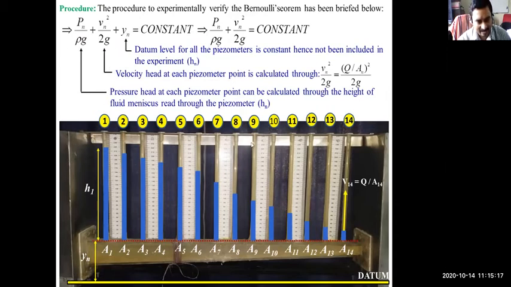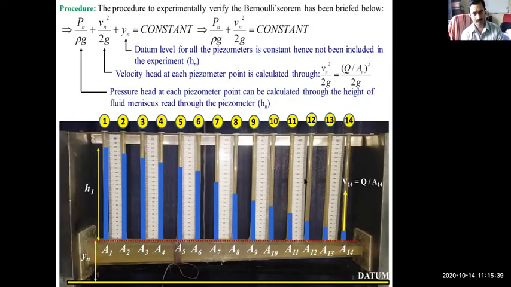Now if you add them up, you should get a constant value if the losses are minimum. If at all there are losses, this value will not be exactly the same. At each piezometric point you will get approximately the same value with certain variations. These variations indicate the losses.